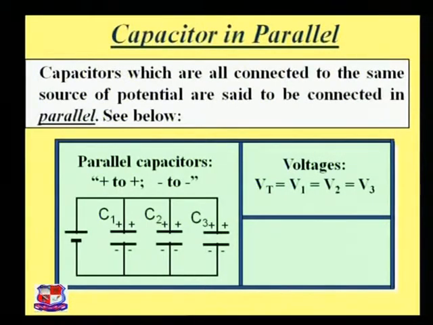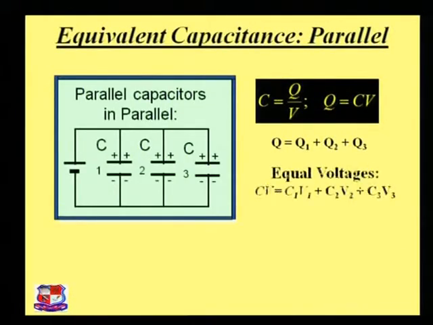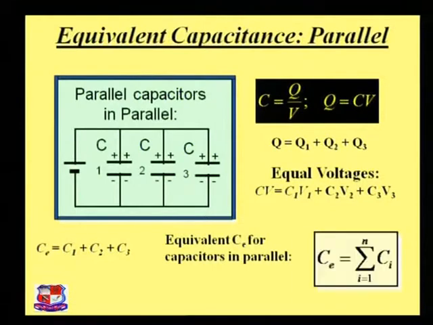But the charges generated in all the capacitors are different. So we can sum them: Qt equals Q1 plus Q2 plus Q3. Again, to find the equivalent capacitance, we use the equation C equals Q by V, or Q equals CV.